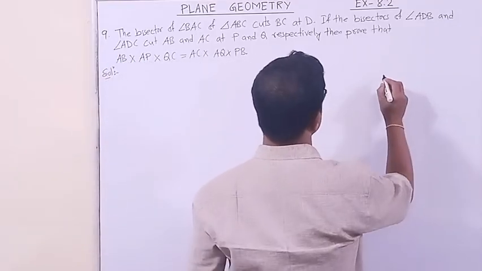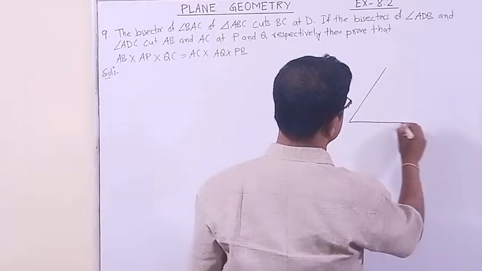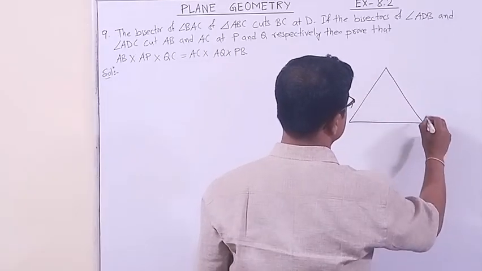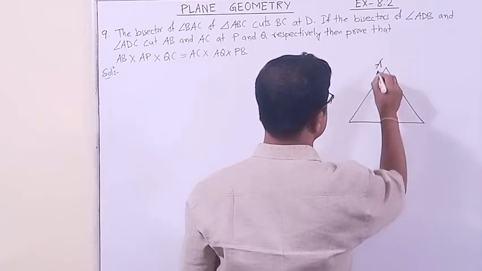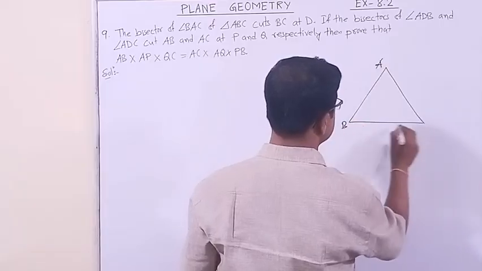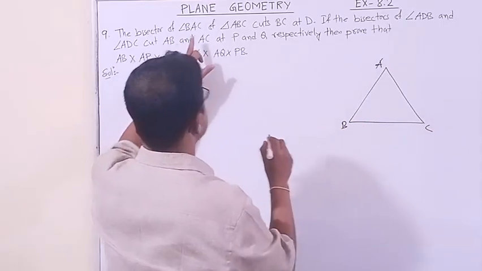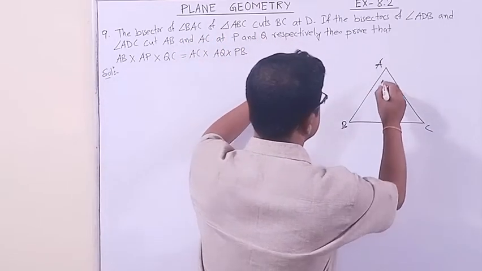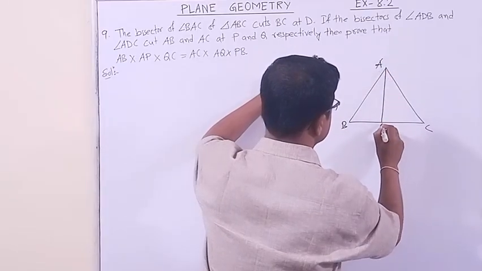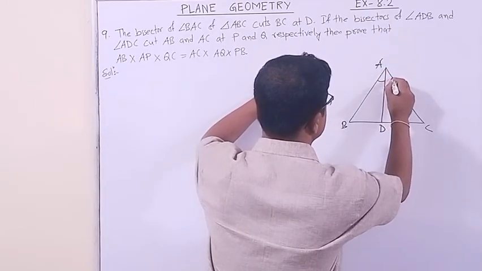Here what we do? Let us take the triangle. Name of the triangle is ABC. This is A, this is B, and this is C. The bisector of angle BAC cuts BC at D. That means these two angles are equal.